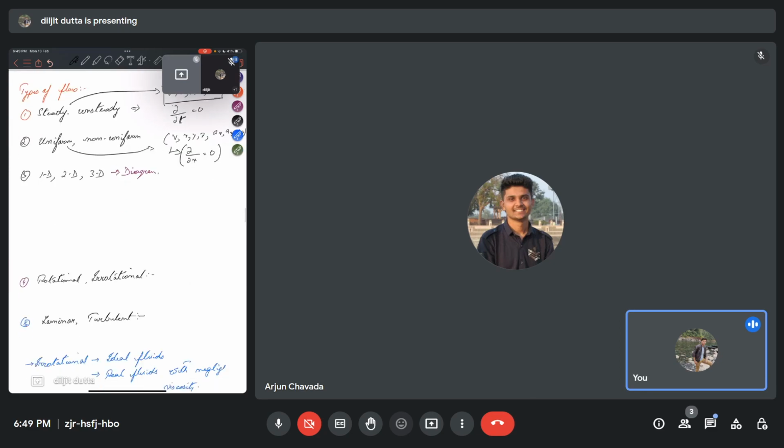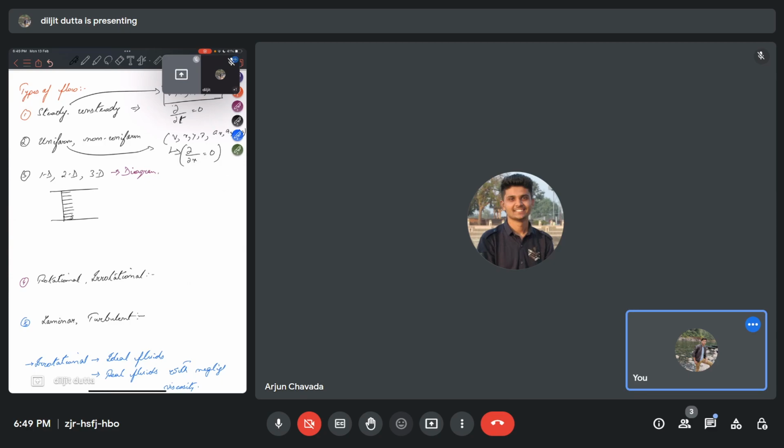And 1D, 2D, 3D. One D is like it's flow in one dimension, so in that case the velocity profile will be like this.